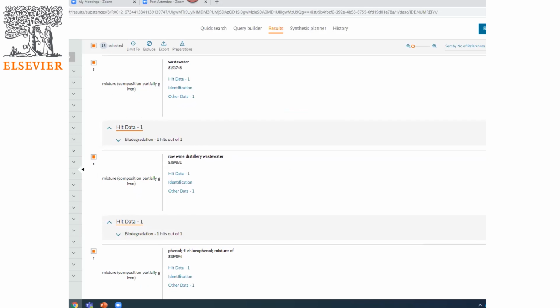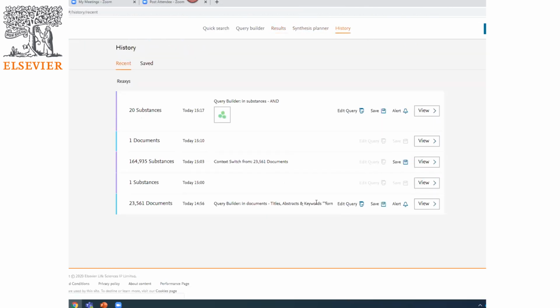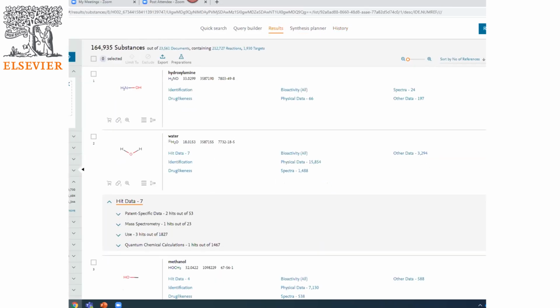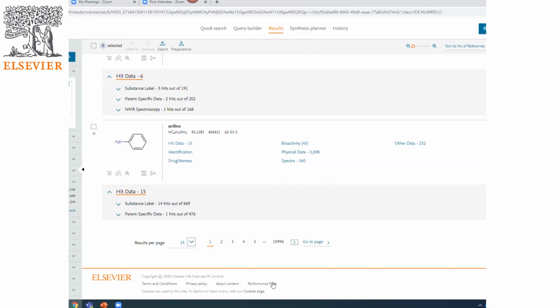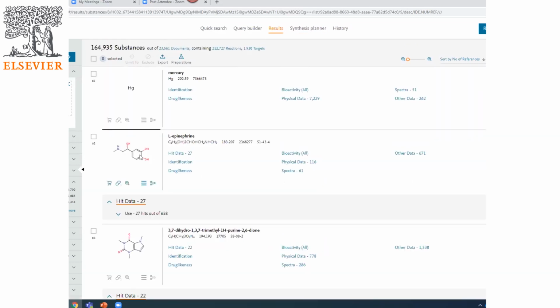What is synthesis planner? To show you synthesis planner, let's go back to some interesting compound. For example, this one, L-epinephrine. And you might be interested in how to synthesize this compound.